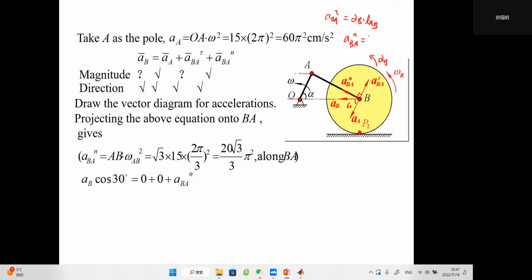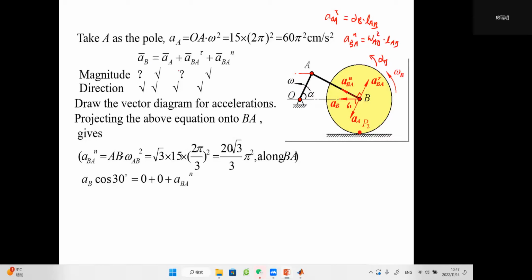ABAN will always equal omega AB squared times LAB. So we know its magnitude and we know its direction. Here we know the direction of AB, right? Because this point always has a constant distance to the ground, always r, so AB will always be along the horizontal direction.